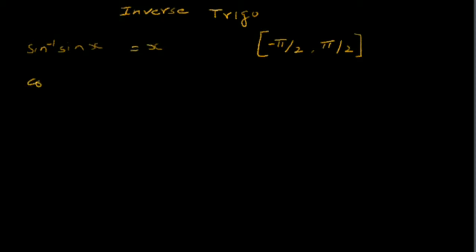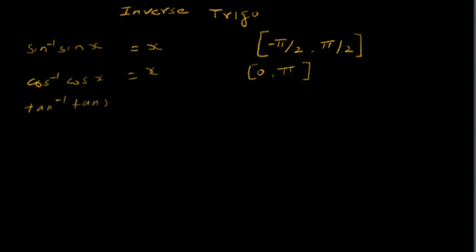For cos inverse cos x, it will be x only when it is between 0 and pi. The function is defined in this interval, also known as the domain of the function. One more, for tan inverse, very easy to remember.